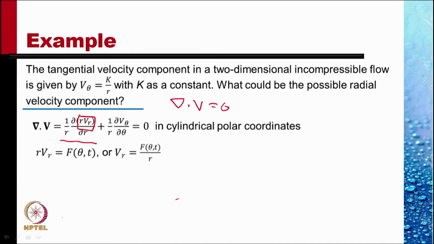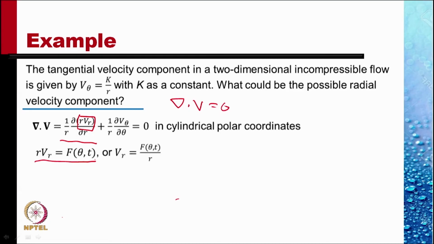It should not change with r. That is, r Vr can be a function of theta and t only, not of r. This gives Vr is equal to some function f of theta and t divided by r.